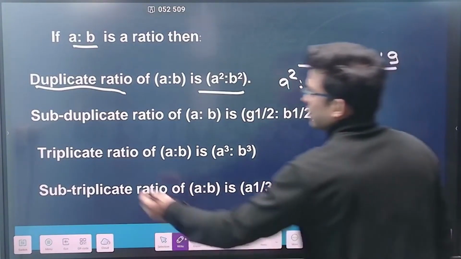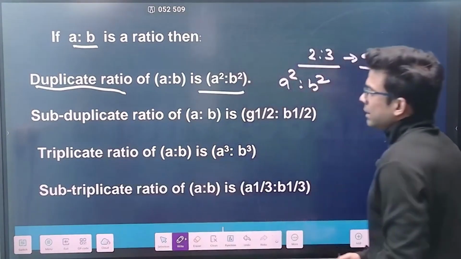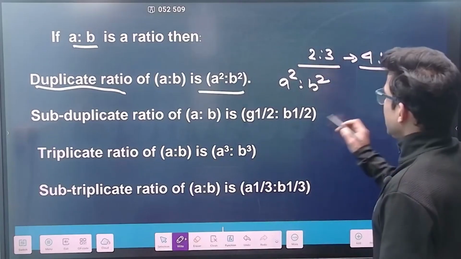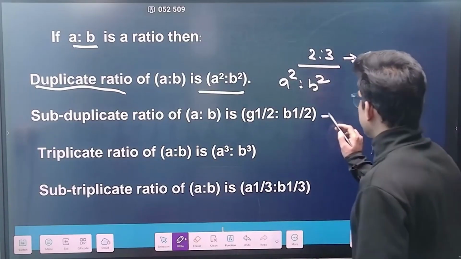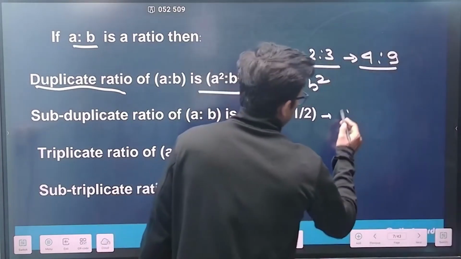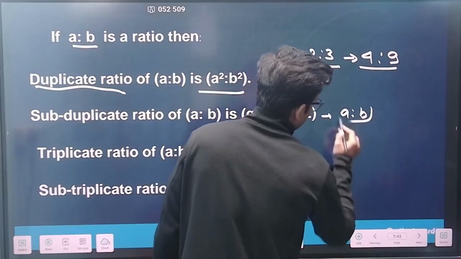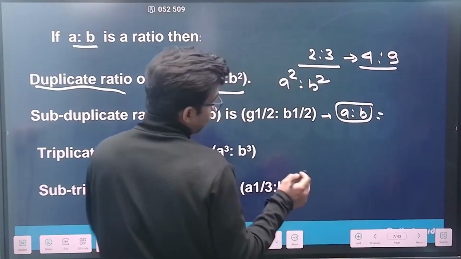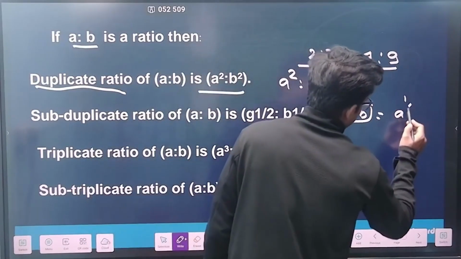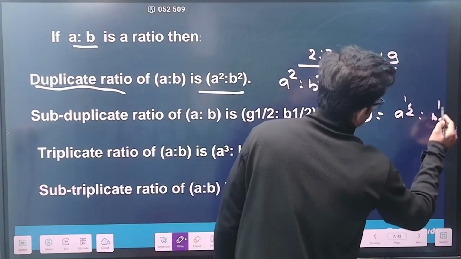Then they're asking the subduplicate ratio. Subduplicate ratio means, if the ratio is A is to B, then you write A to the power 1 by 2 is to B to the power 1 by 2.